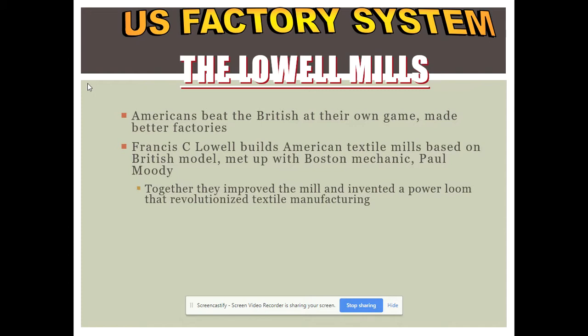But one of the things that you'll see is that there really are a few groups that get paid less throughout the 1800s in factories. First group is women, because in theory, the factory owners thought at that time that a man could do more work in a given day than a woman, so therefore they should be paid less. Children were also paid less, and one of the reasons why children were sought after, particularly in the second phase of the Industrial Revolution, is their small bodies and hands could fit into machinery much easier, and they could work them like a dog, and then they could pay them really poor wages.